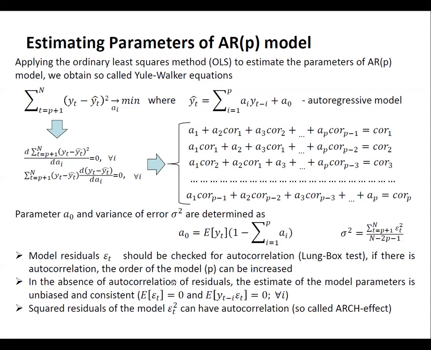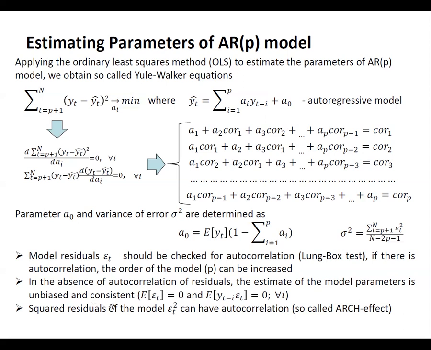The unbiasedness and consistency of our estimates is guaranteed by the lack of autocorrelation of residuals. But looking ahead, another effect is that the square of the residuals of the model, i.e. epsilon squared, has autocorrelation.